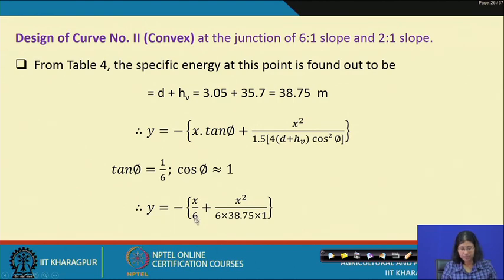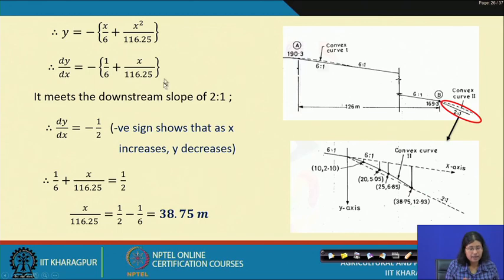So, y equal to minus x by 6, we plug everything here and get the equation, and after getting the y value, we differentiate with respect to x. So, it meets the downstream slope of 2:1, and since dy by dx is minus 1 by 2, we solve it like this. So, it comes out to be 38.75 meter.